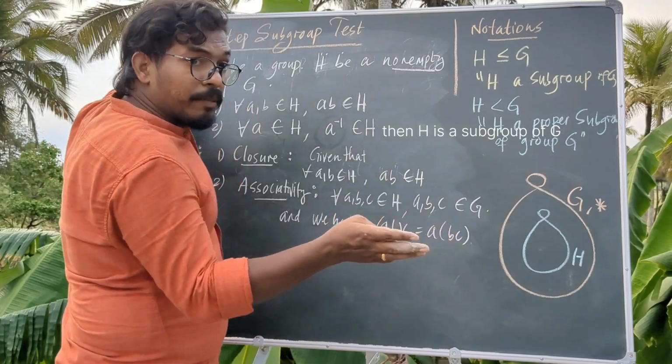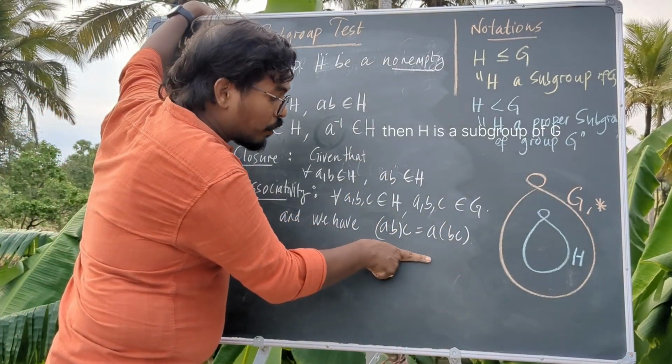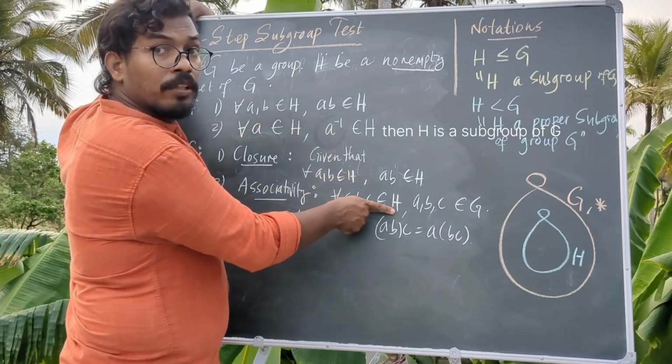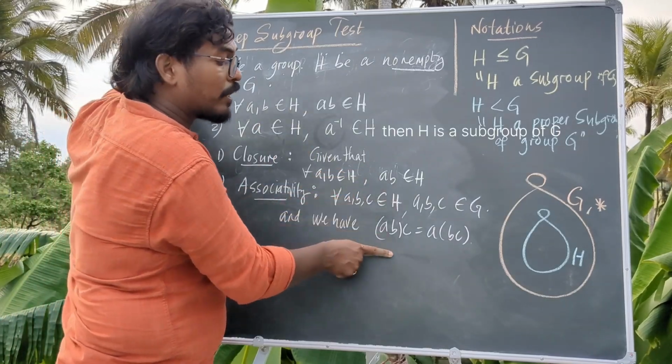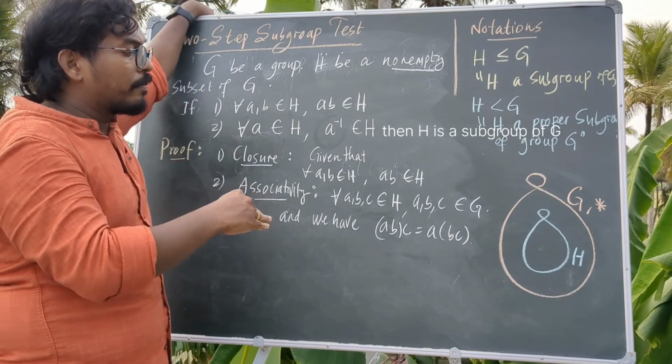For any three elements of the group G, we have this property. So take any three elements of the set H, they will also satisfy this property, because the property is inherited from G to H.